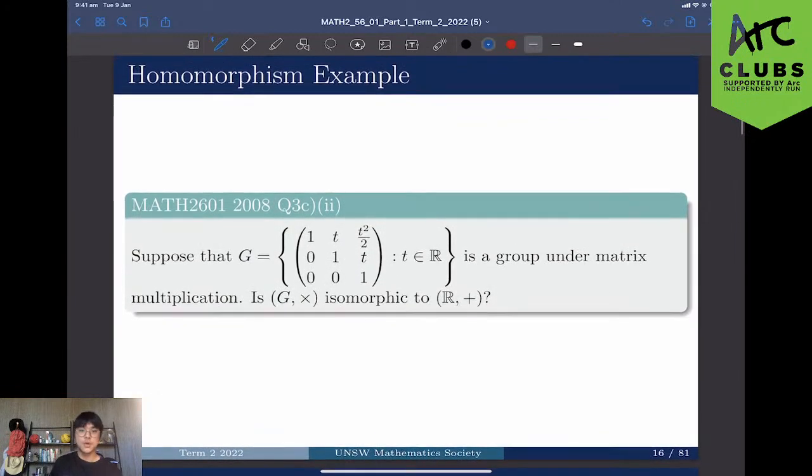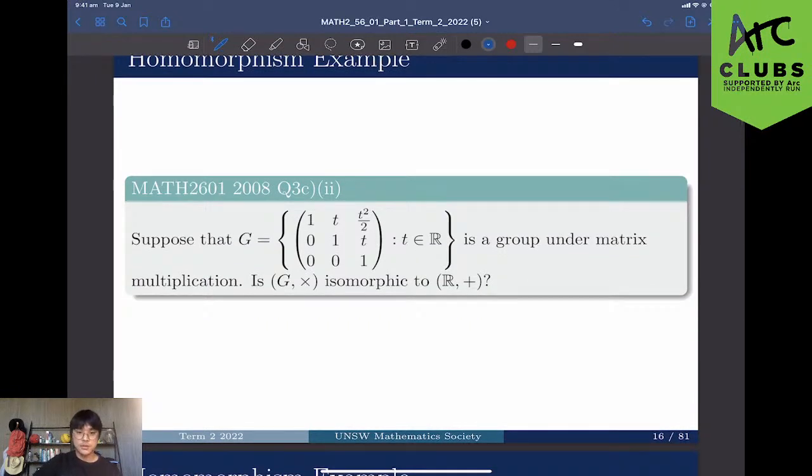So we have an example. Suppose that G is equal to this set of matrices that look like this, a group under matrix multiplication. Is the group G under matrix multiplication isomorphic to R plus?